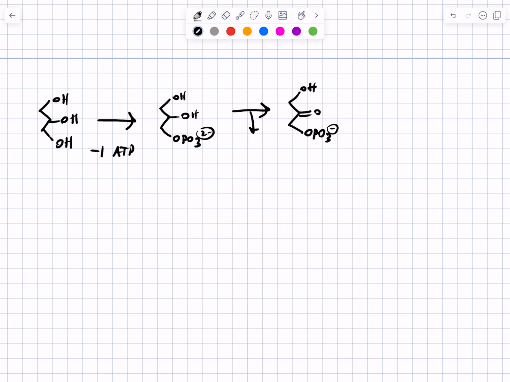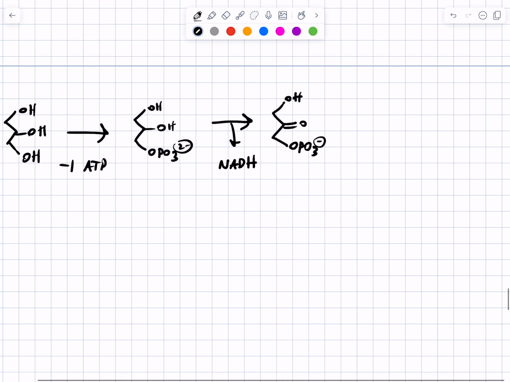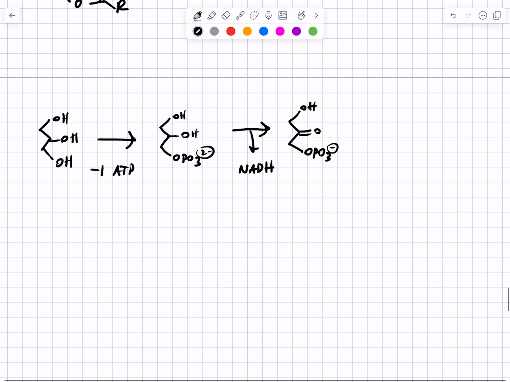Pretty sure that was NADH. Okay. All right, now that intercepts glycolysis midway through. So we're going to have to briefly remember what happens to dihydroxyacetone phosphate. It gets isomerized to glyceraldehyde 3-phosphate.